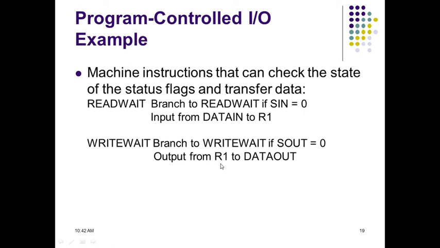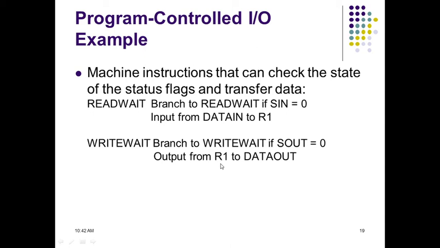Here also the branch operation is implemented by two machine instructions. The wait loop is executed repeatedly until the status flag S out is set to 1 by the display, when it is free to receive a character. The output operation transfers a character from R1 to data out to be displayed, and then clears S out to 0.